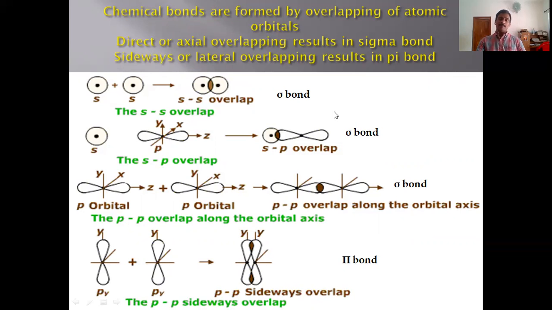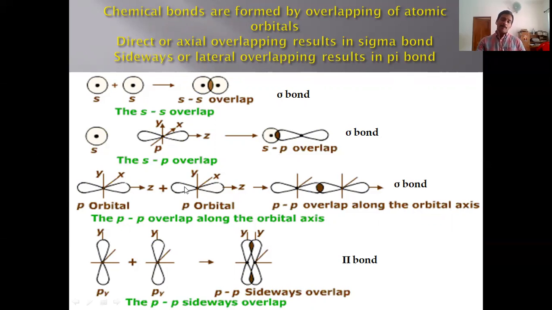Then there is an s orbital and a p orbital, s and p orbital overlapping, the sp overlap. In sp overlap, the overlap is again along the axis, or direct overlap, that results in the formation of a sigma bond.